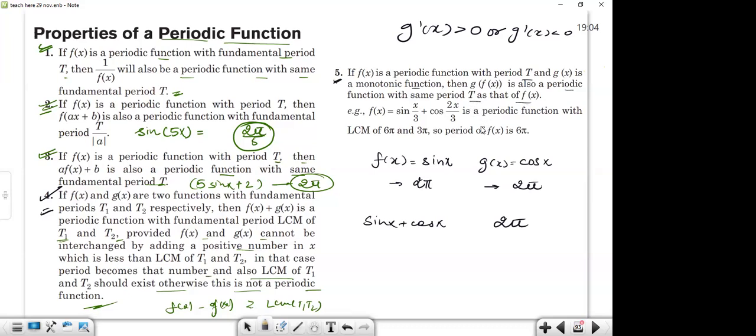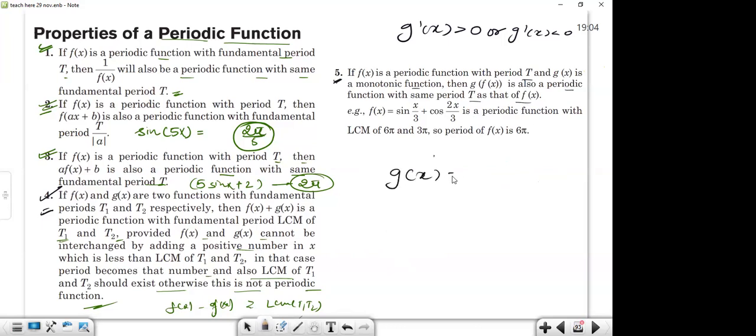So let's take one example in which we take g of x as a monotonic function. This is a monotonic function because its derivative is positive, 55. And we take f of x as a periodic function with period 2 pi.